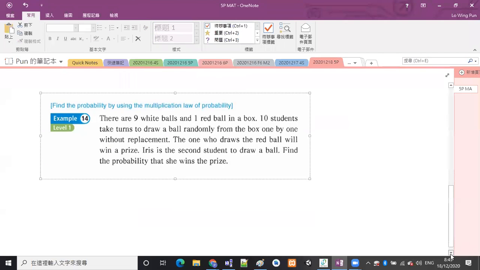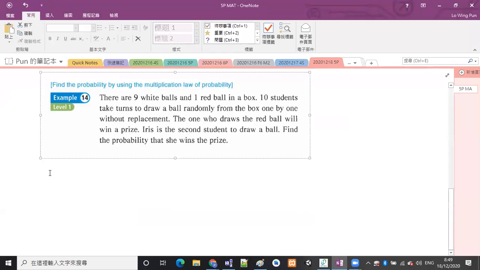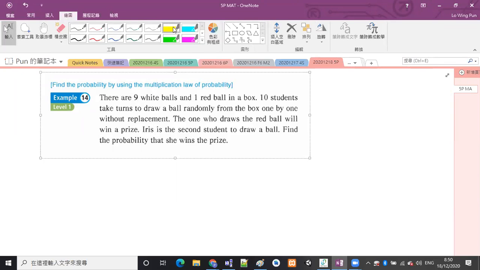So there are 9 white balls and 1 red ball in a box. 10 students take turns to draw a ball randomly from the box one by one without replacement. Please highlight these keywords.